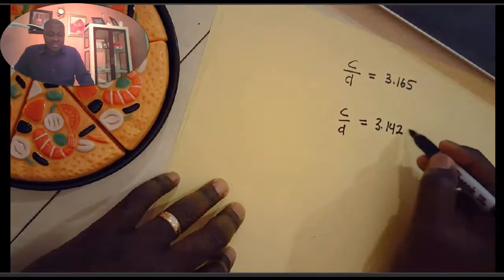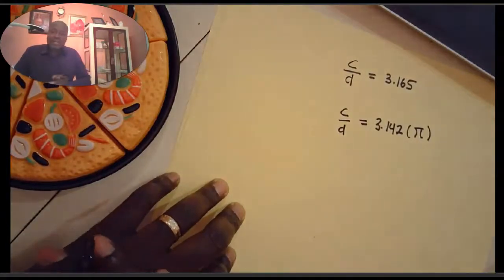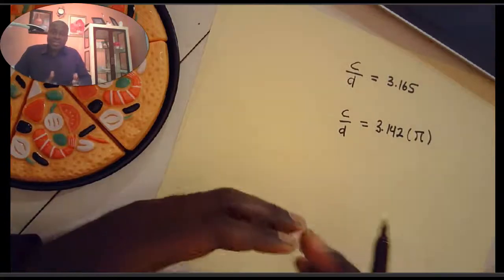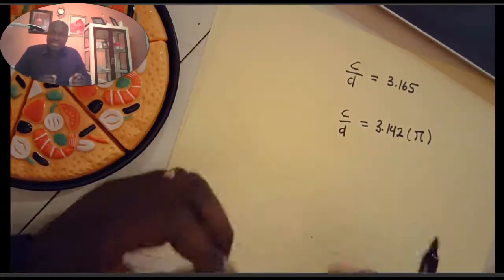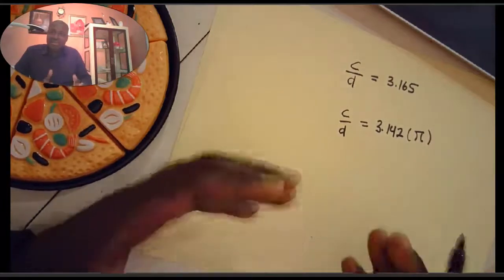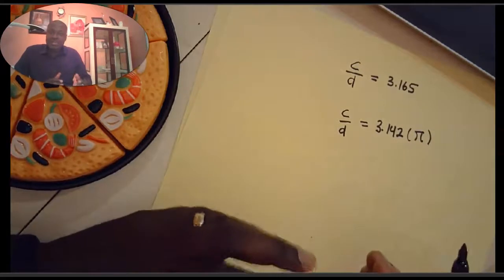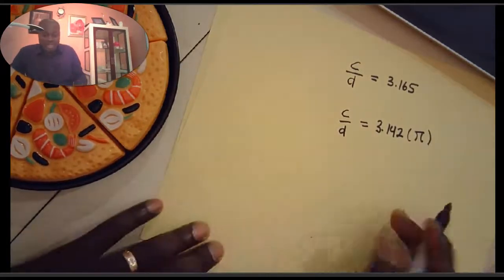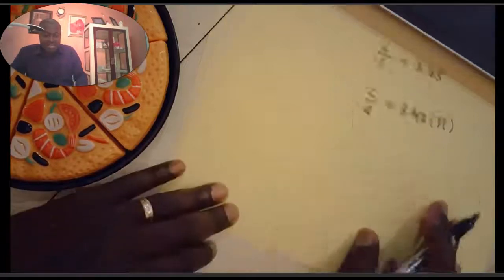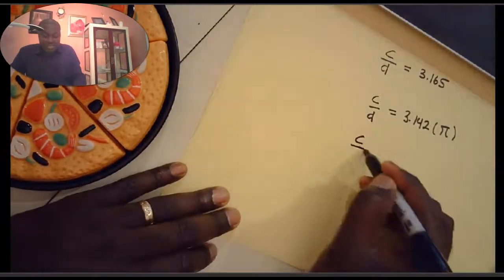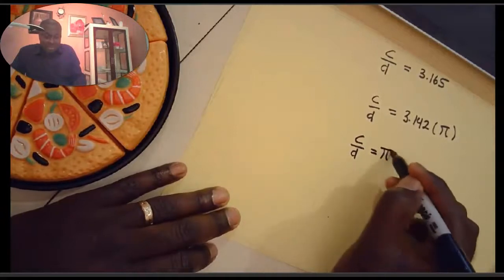That's the reason why anytime you're dealing with a circular object, there is a certain number which is closer to 3.142 that is coming in, and that is the pi. So here we can say that indeed the circumference divided by the diameter will give us pi.